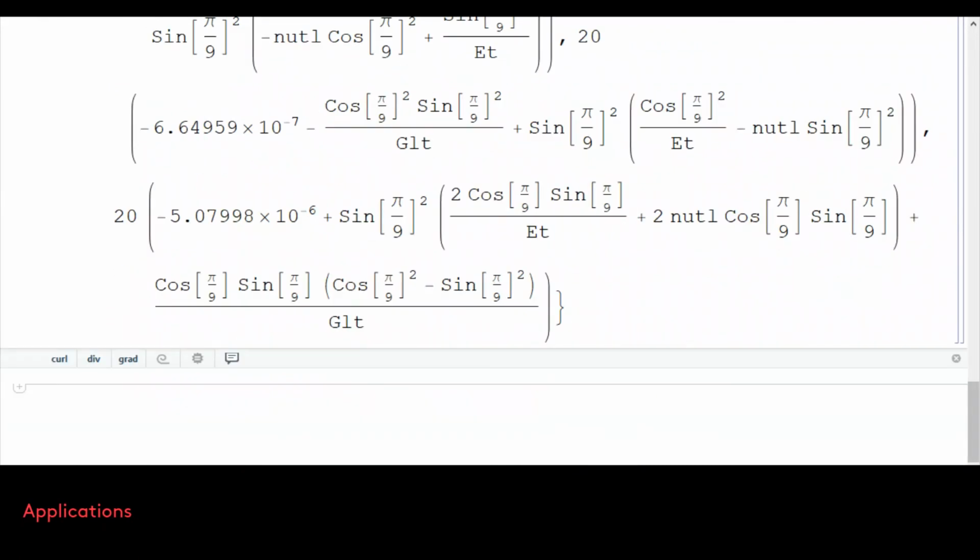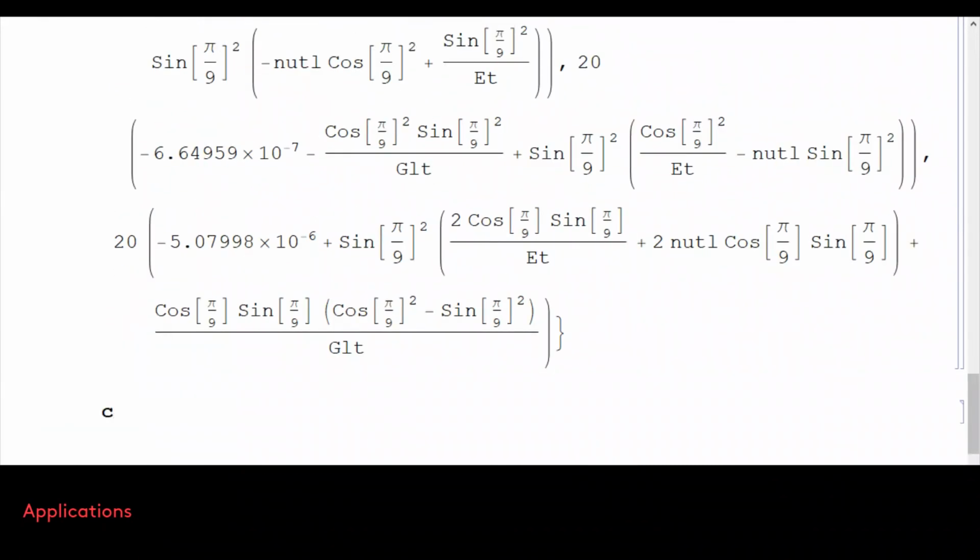Now this has to be equal to the measured strain, and each member of the vectors has to be equal.